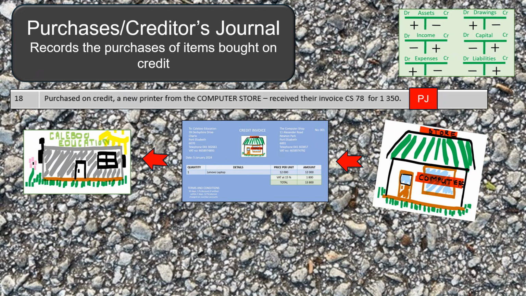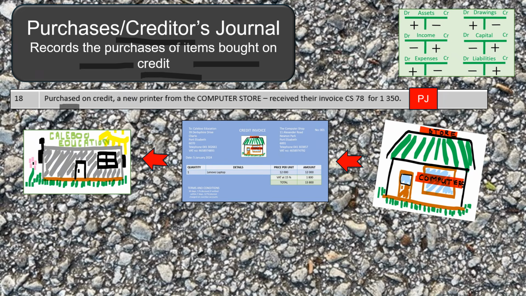Right, so we've got here now a purchases or a creditors journal. So I've been through the sales journal and the sales returns, which is also called the debtors journal or the debtors allowances. Now we are going through credit purchases. The creditors journal or the purchases journal records the purchases of items bought on credit.